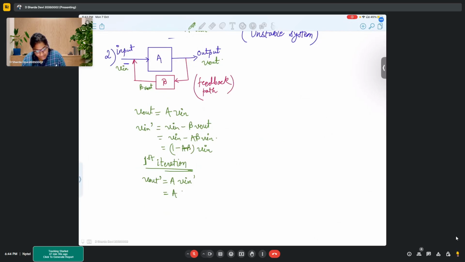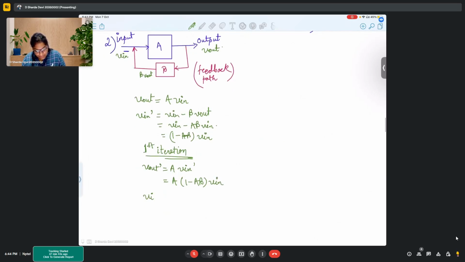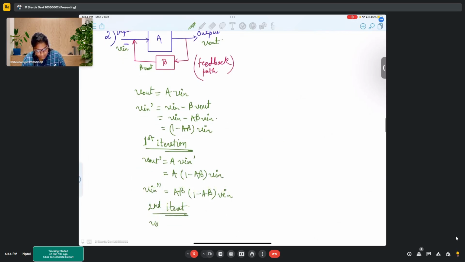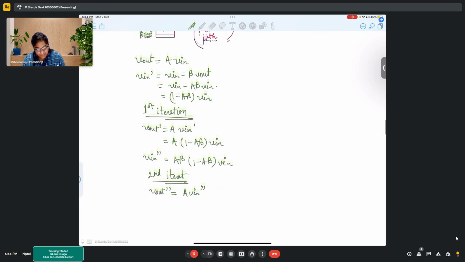So this becomes A(1 − Aβ)V_in, and V_in double dash will become Aβ(1 − Aβ)V_in. For the second iteration, V_in double dash becomes A V_in double dash.